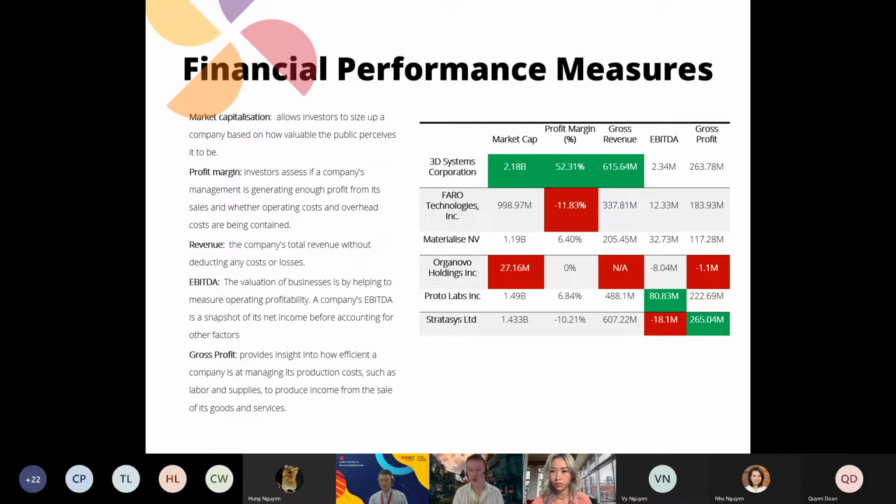Organovo, yes, you've got reds there. Now you've got to go back into the company and see why it has those reds. Where is it on the S curve? We actually know exactly why. It's a company that specializes in developing bioprinting, biofabrication. And it's still very early in the research and development stage. Fantastic.